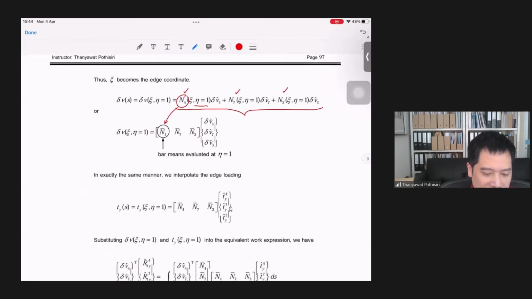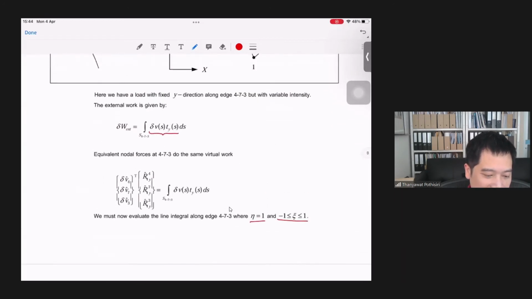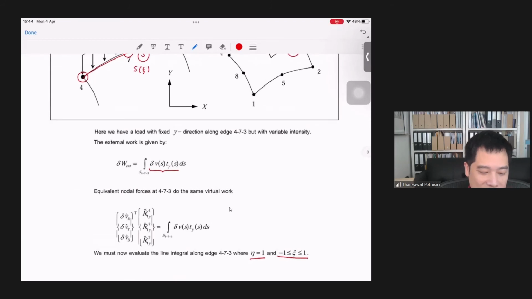So you can plug this back into your virtual work equation. You approximate your virtual displacement by using the shape functions with a bar at nodes 4, 7, and 3.